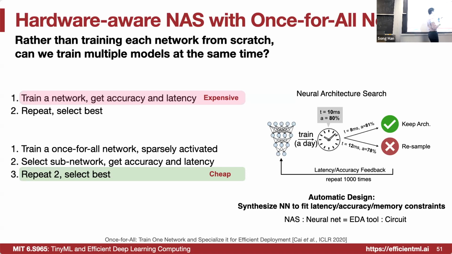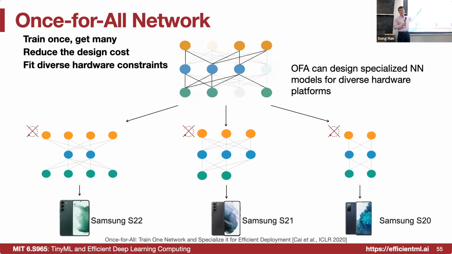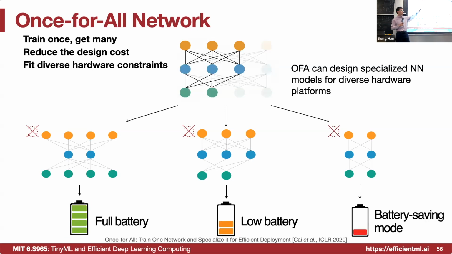If we search a subnetwork but it doesn't satisfy our memory constraint, then we have to resample another subnetwork until it reaches our target latency, target memory, and target accuracy. And since this one small model contains such a large number of subnetworks, you actually have a lot of choices encoded into the super network.